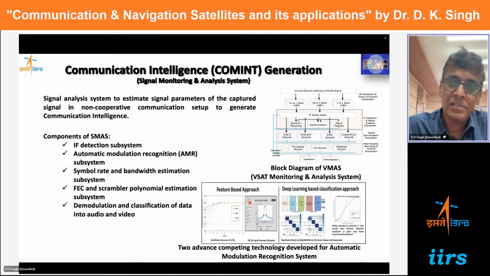We can pick the signal from space, decode it, and forward it to the proper user who can utilize it for intelligence and surveillance. So this is a defense application where we capture the different communication system signals emitting from various geographies.